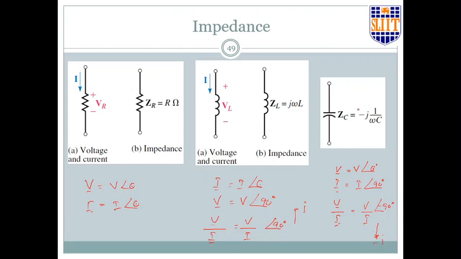That is why you have this minus j term here and plus j here. When you divide the voltage by the current, by the definition of impedance, you get that 90 degrees phase angle for the impedance or the reactance. To represent that, you will have to involve plus j or minus j in the complex number domain.